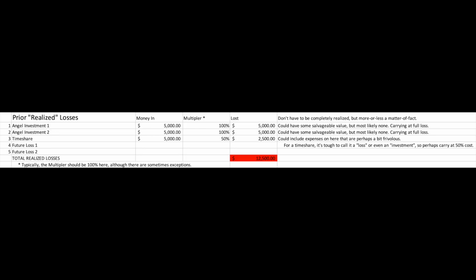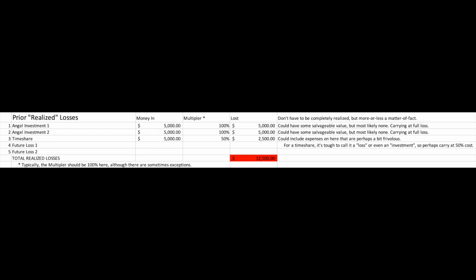That is real, according to the CEO. And so basically what I have here is, with these realized losses, the multiplier should generally be 100%. Most of the time, with a realized loss in speculation, you're going to lose most of it.